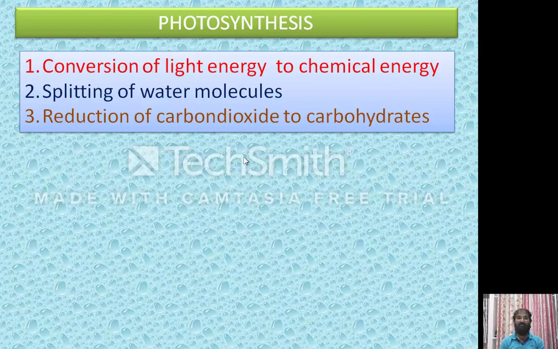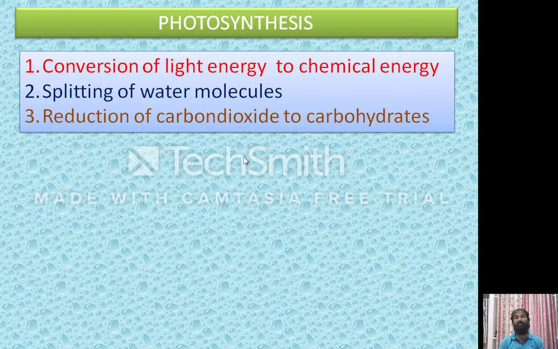Here carbon dioxide, CO2, is present. When CO2 is converted into carbohydrate, CH2O, protons are added to the carbon dioxide. That's why the reaction is the reduction of carbon dioxide to carbohydrates.